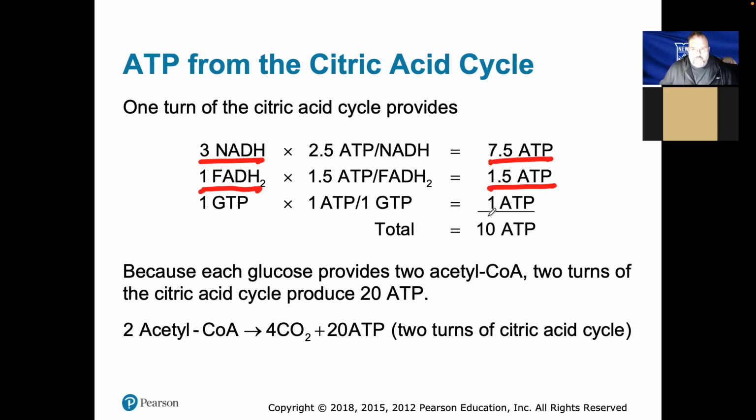One GTP will actually produce 1 ATP. So if you add those up, one turn of the citric acid cycle is going to give us 10 ATP. But remember, how many molecules of acetyl coenzyme A enter the citric acid cycle? 2. So there are 2 turns of the citric acid cycle, and the citric acid cycle produces 20 ATP. So far we've got 7 and 5 and 20, 32 ATP.